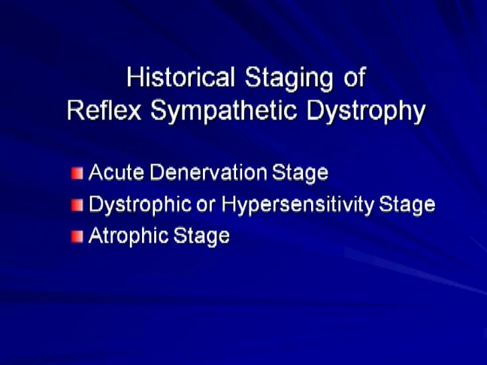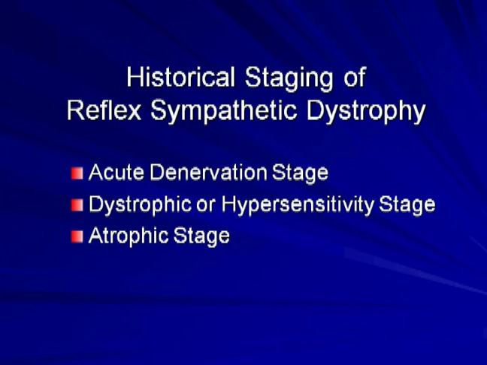The dystrophic or hypersensitivity stage was the next stage, and that was thought to occur from about 6 months to a couple of years, where the extremity wasted and you had the demineralization of the bone, and it was not being used by patients because of the pain, and there was a hypersensitivity of the extremity. You touch the arm and they jump and they'd scream and tell you how painful it was to just light touch.